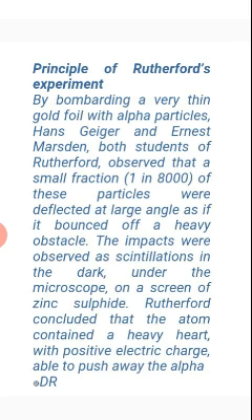The impacts were observed as scintillations in the dark, under the microscope, on a screen of zinc sulfide. Rutherford concluded that the atom contained a heavy heart with positive charge, able to push away the alpha particle. Yes, you understand?